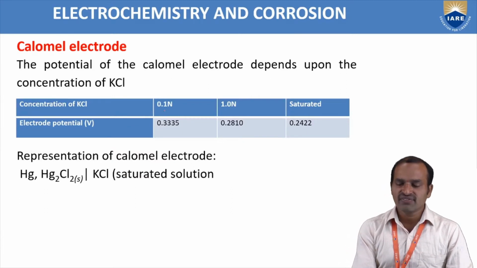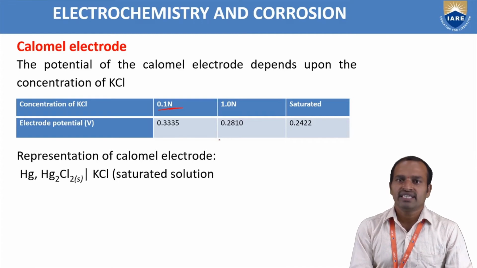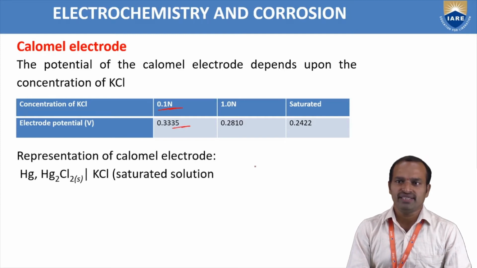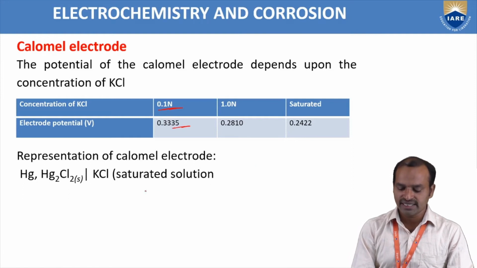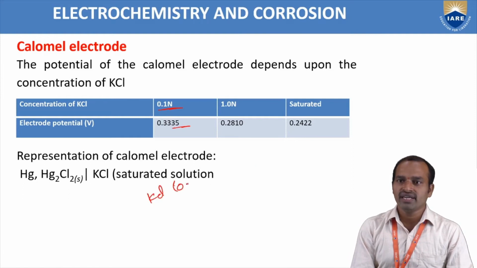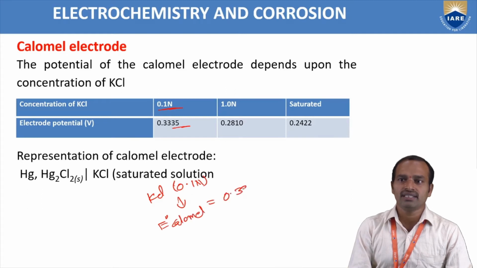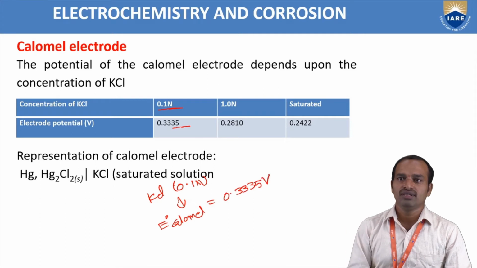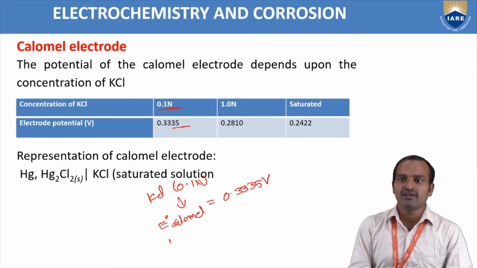So, if the concentration of KCl solution is 0.1 N, the E naught calomel value is plus 0.3335 volts.